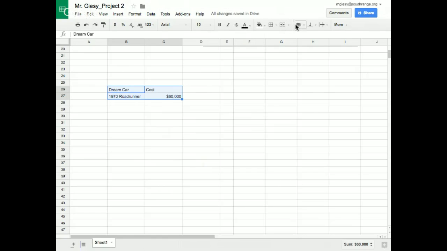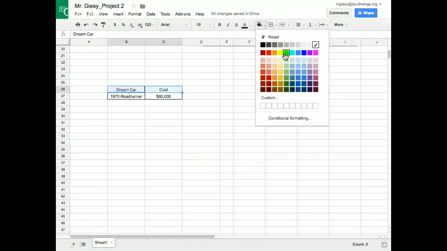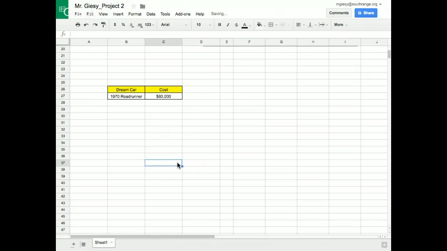Come up here, align to the center. Come up here, put a border. Go here and highlight my headers, and I'm going to dump some paint in there, some background paint. So a neat little table. Dream car, cost, all that stuff. And a very simple table.